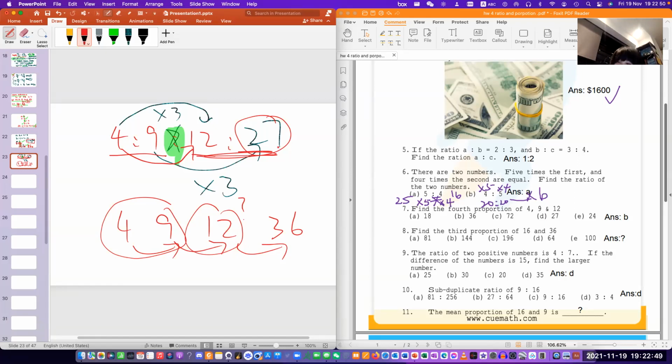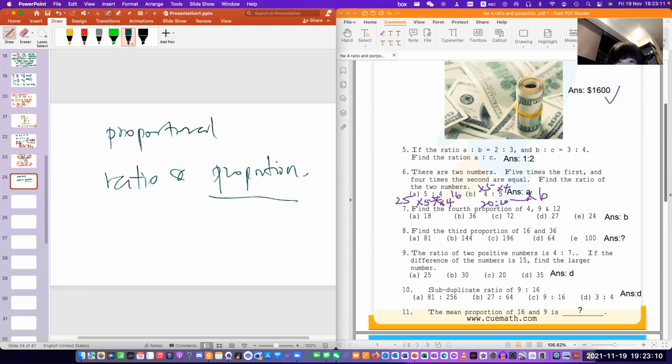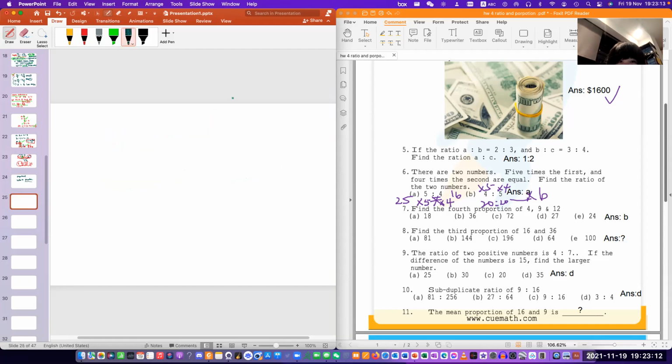All right. What does proportion mean? Just for the sake of understanding the word proportion. By the way, you know that this chapter is called ratio and proportion, right?